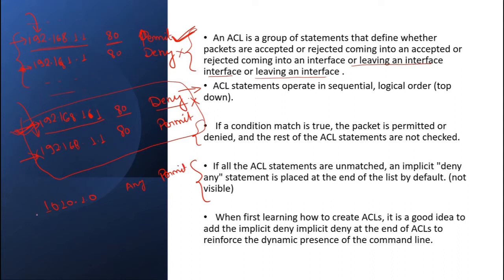And we have only one statement in that access control list. Then in every ACL there is an implicit deny. Implicit deny means it is not written, but it is always applicable, that deny any, right?